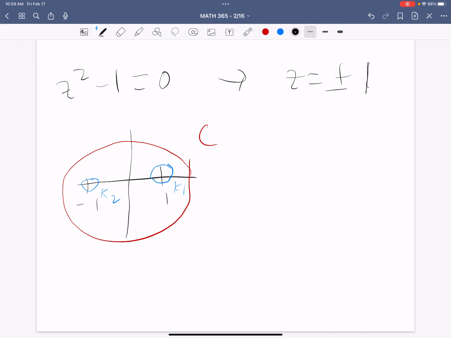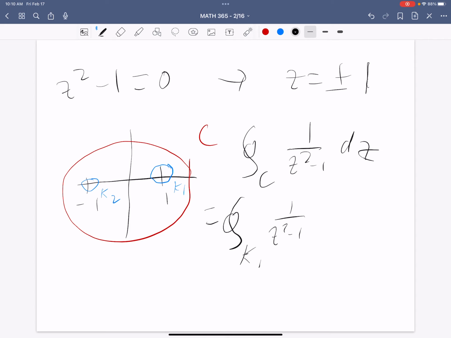So by using the same trick that we did before where you create some line segments and glue everything together, you can do it for more than one curve. And what you'll get is that this will actually equal whatever the integral on k1 will be, plus whatever the integral on k2 will be.